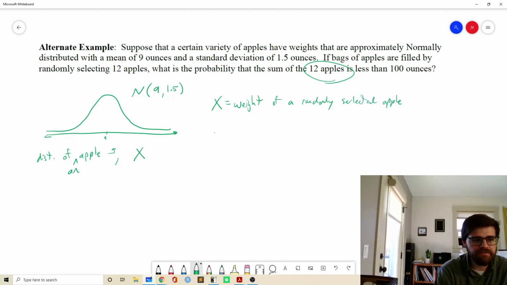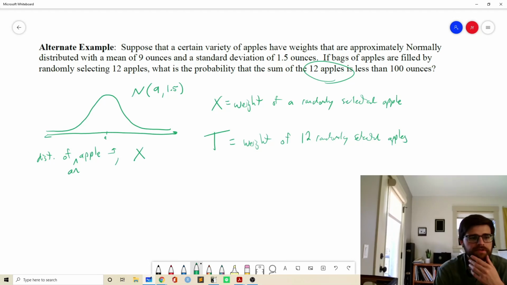Okay, and then we're going to have T represent the weight of 12 randomly selected apples, a bag. Okay, so we already know the distribution of X, right?